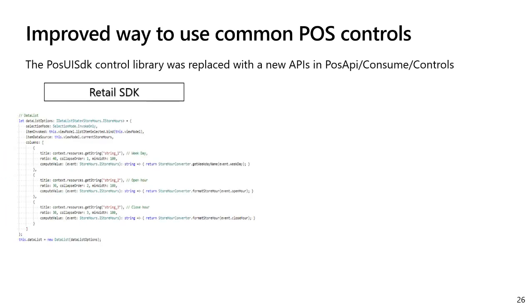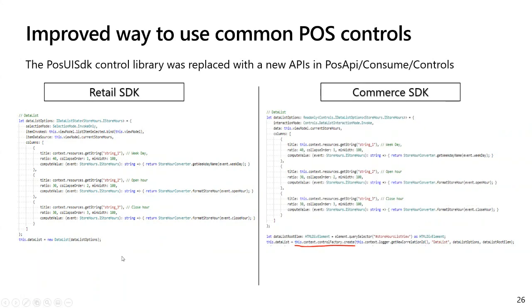On the left here, we can see this code from our store hours sample using the POS UI SDK, the old approach, and how it would create a data list. And then on the right, we can see the code in the Commerce SDK.